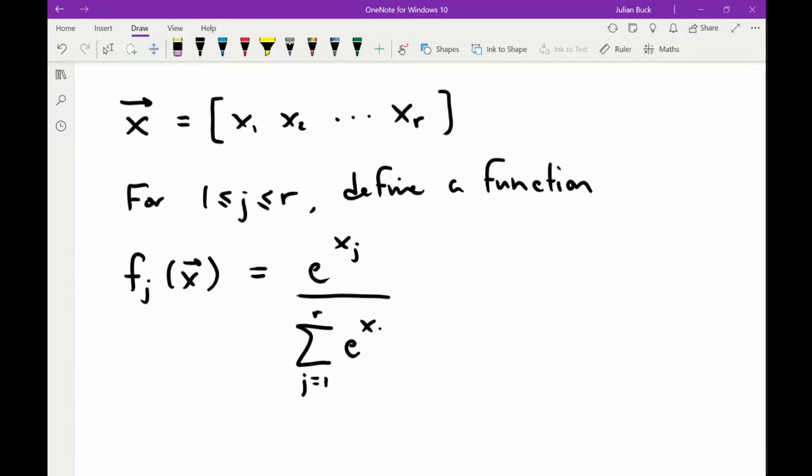Let's use i, so that I'm not using the same index as a fixed thing and then for the summation. So in some sense, it's like a weighted exponential sum. And it's worth pointing out that these functions are all differentiable.